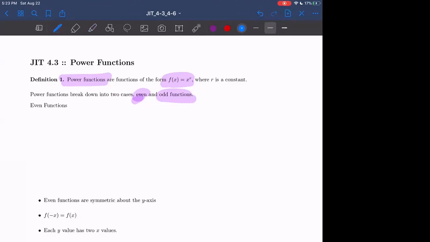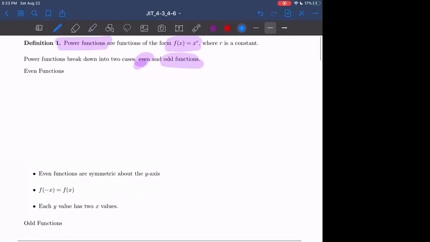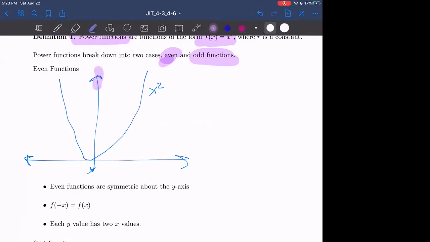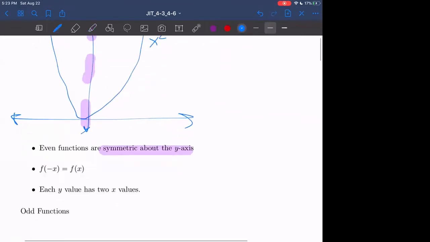So with power functions, we've got even first, and you can think of a function like x squared. Even functions have this trait where they're all symmetric about the y-axis. One of the ways we can test for even functions is by plugging in negative x.